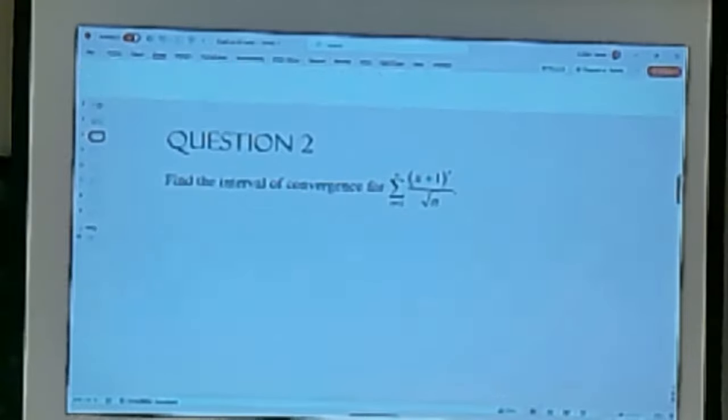So let's start with x naught. What is x naught here? -1. In this case, we're centered at -1.